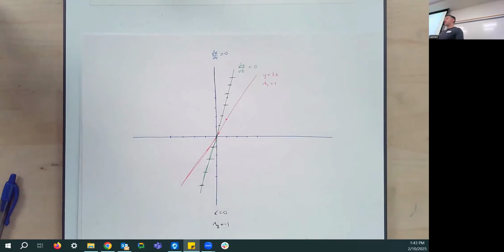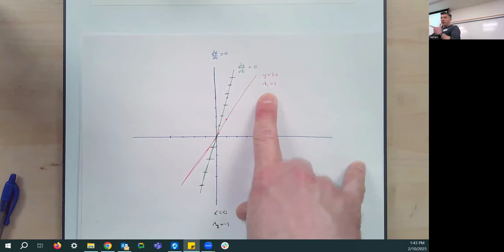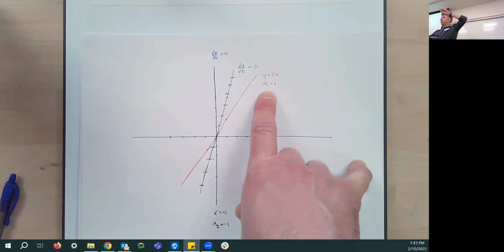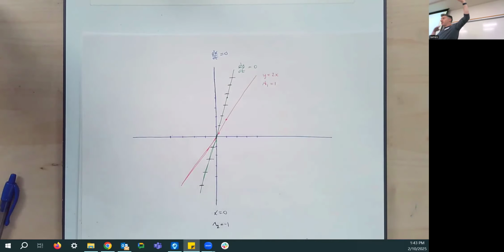Okay, here's what this means. Lambda being positive 1 here means that when you take the matrix and multiply it by a vector, you get exactly 1 times that vector. So in this case, it gives you back the same vector you started with. So any vector along this line, after you multiply by the matrix, should end up pointing in exactly the same direction along that line.